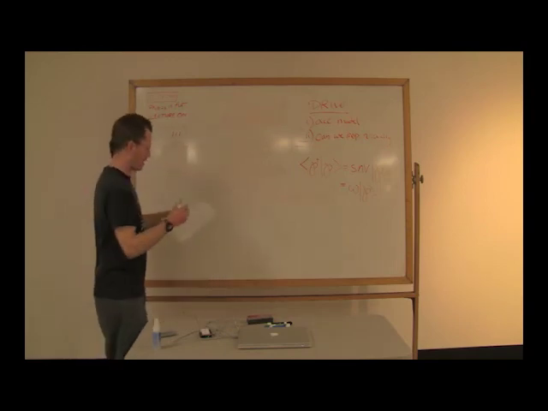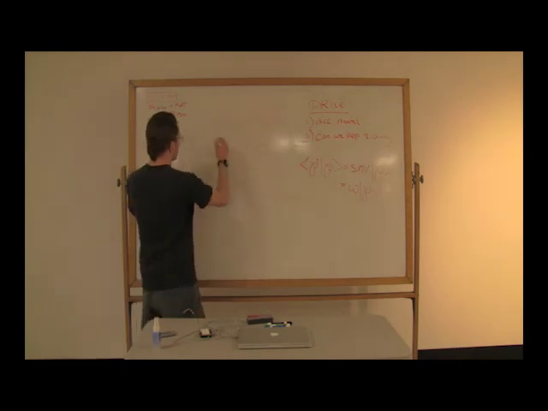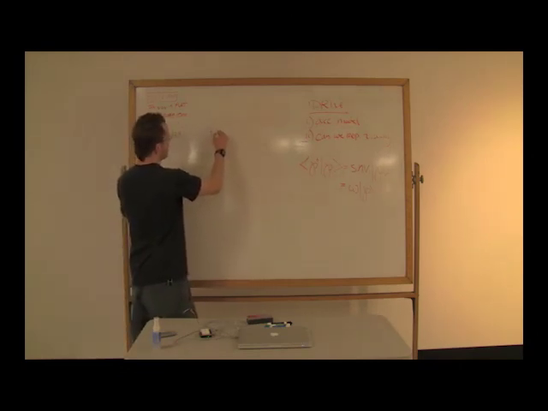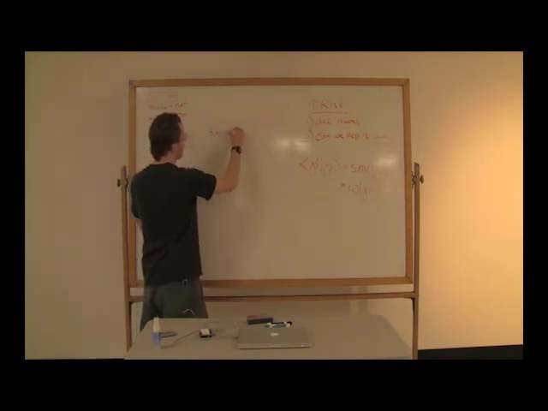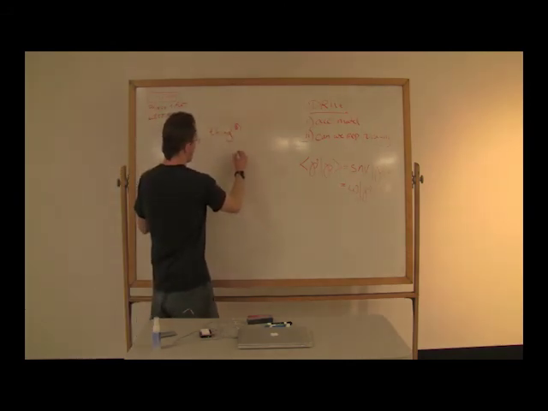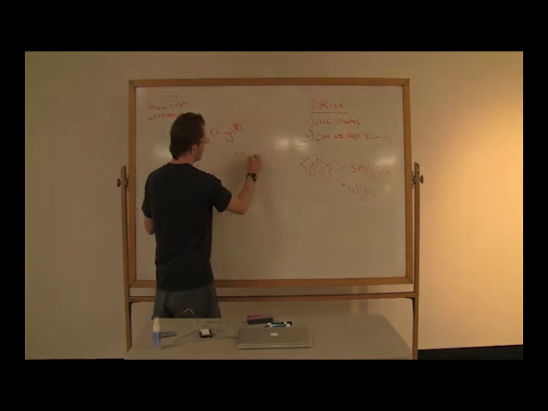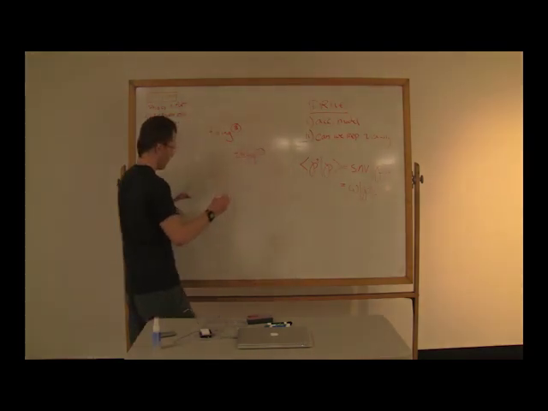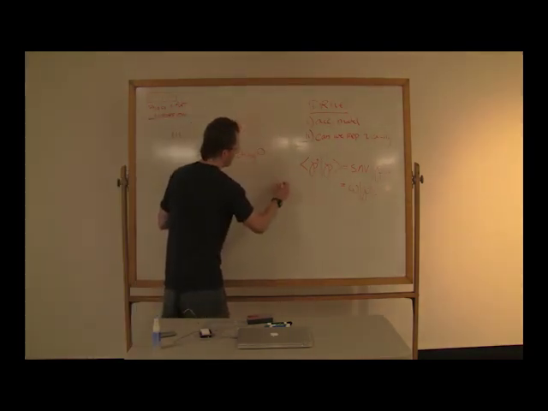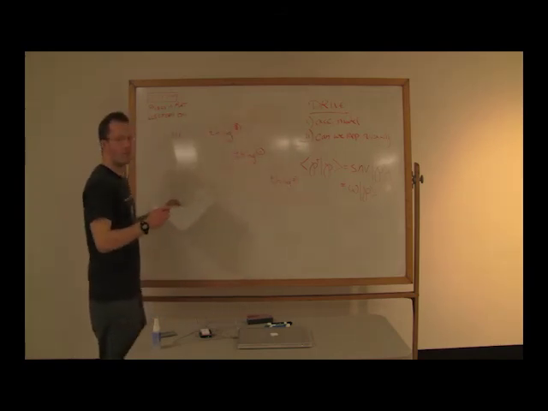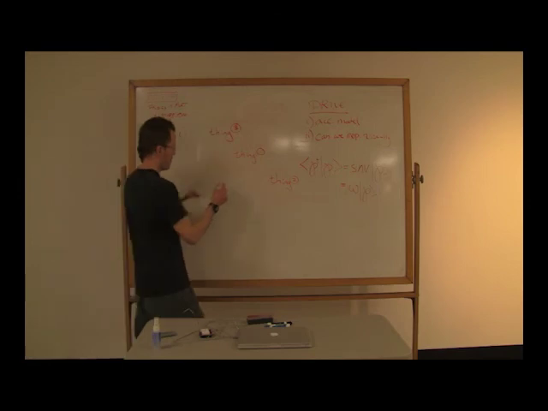So let's make a quick diagram where we have a thing 3, a thing 1 is here, and a thing 2. Let's call them physical objects.